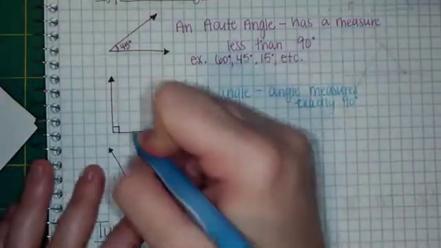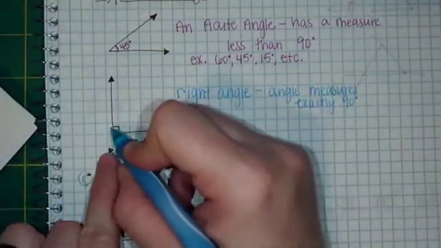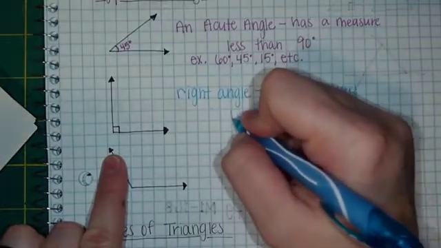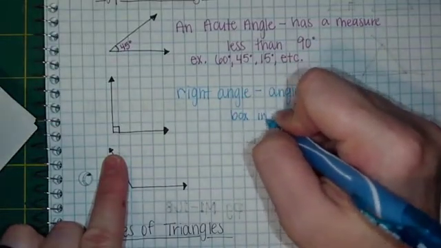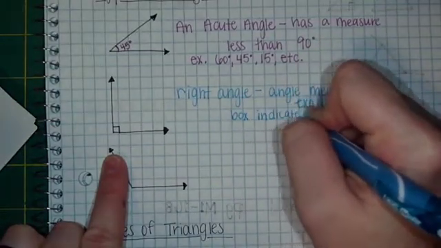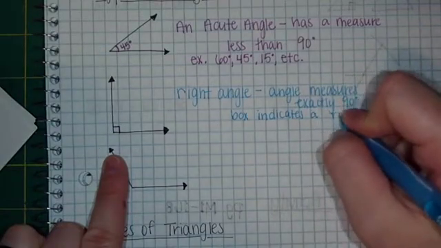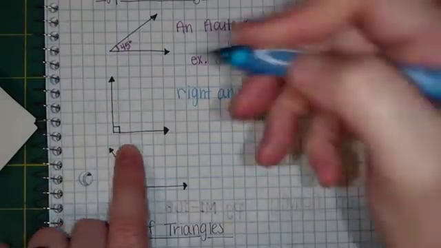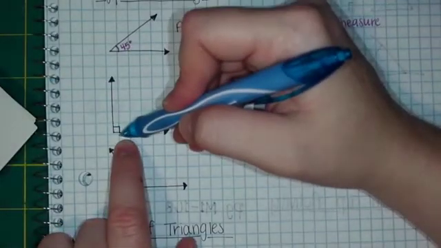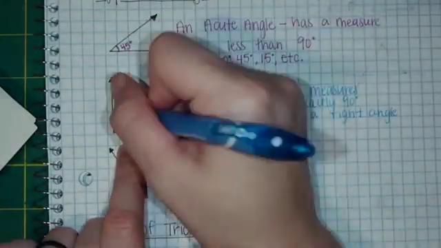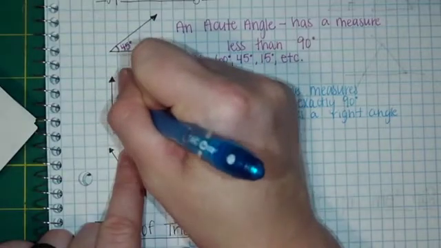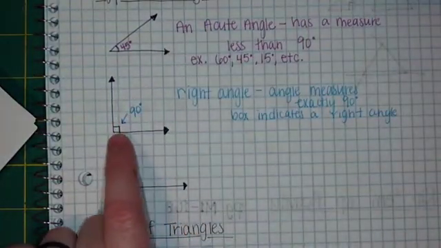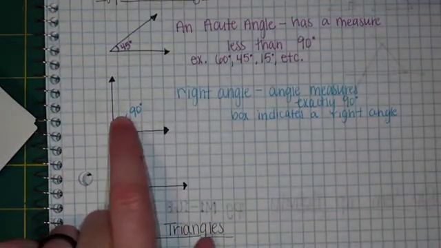Okay, and we use this little box. The box indicates a right angle. So for this one, you're not going to see me draw an arch and then put a 90. This is just an implied 90 degrees when it has that little box right there.